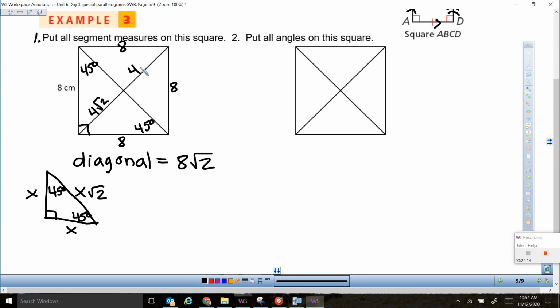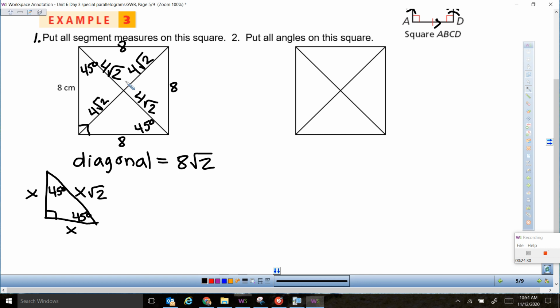This piece is 4 square root of 2. This piece is 4 square root of 2, because the square is also a rectangle, so that means that the diagonals are congruent. And this one is also 4 square root of 2. Okay, so we got all of the sides marked up, so we're done with that one.